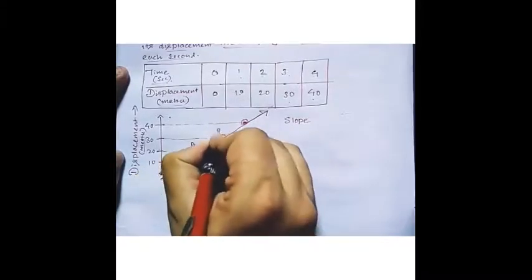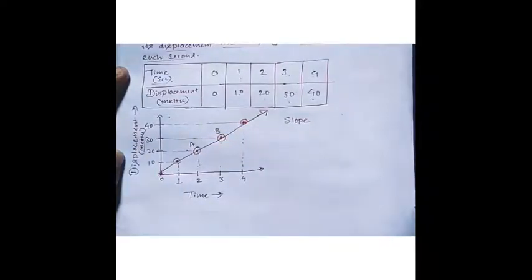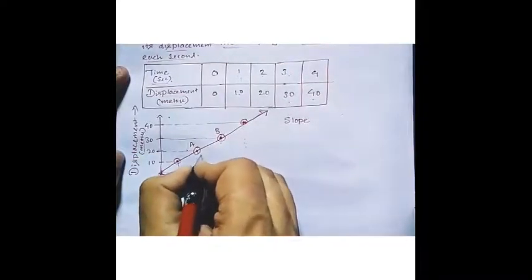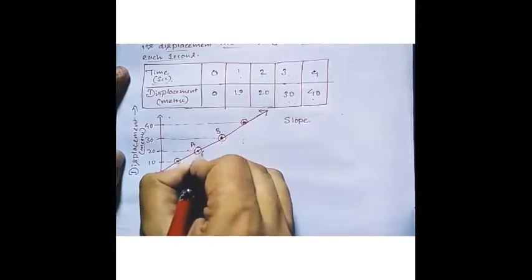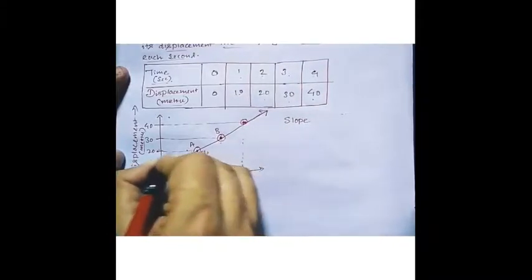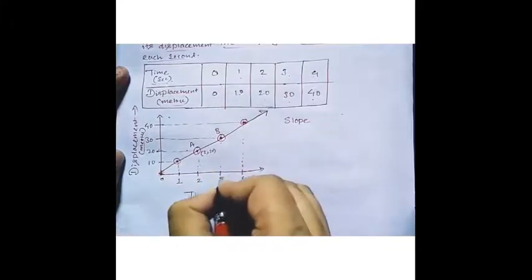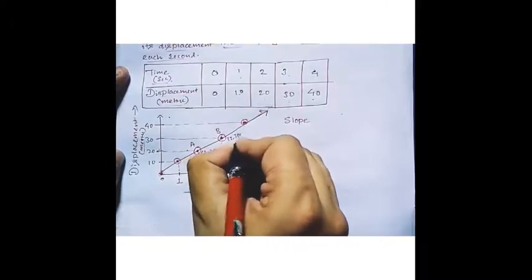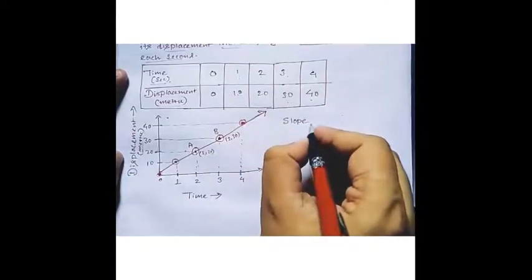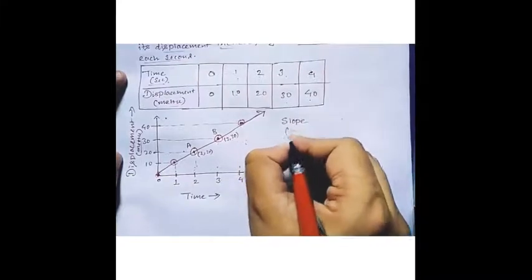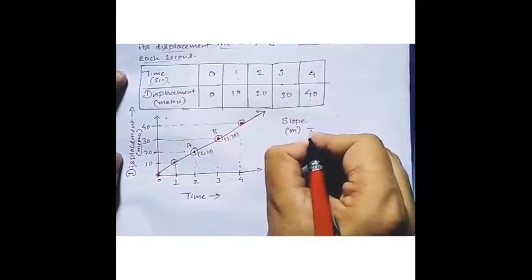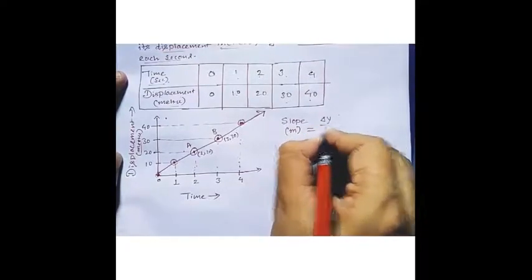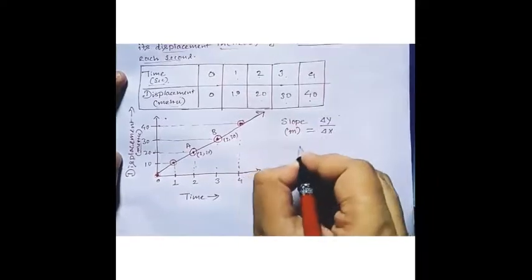Take this as point A and this as point B. The coordinate of point A is (2, 20) and the coordinate of point B is (3, 30). The formula of the slope is m equals del y by del x.